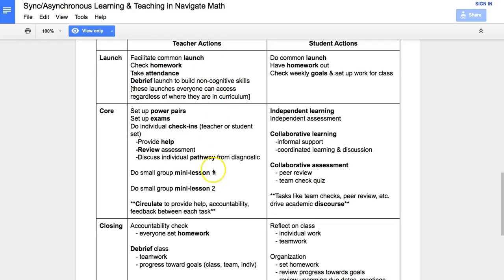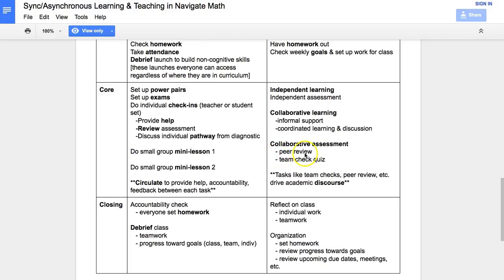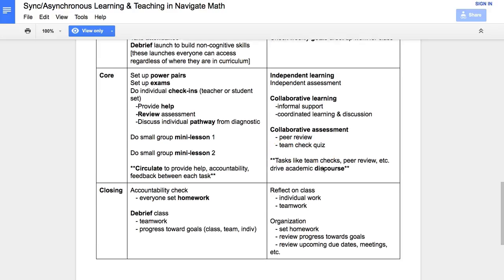While teachers are planning for these different components, students will either be learning independently or being assessed independently, also working collaboratively, and, more importantly, doing tasks collaboratively that drive discourse. So students are forced to interact with each other in rigorous ways, either giving each other peer review feedback or taking team quizzes.